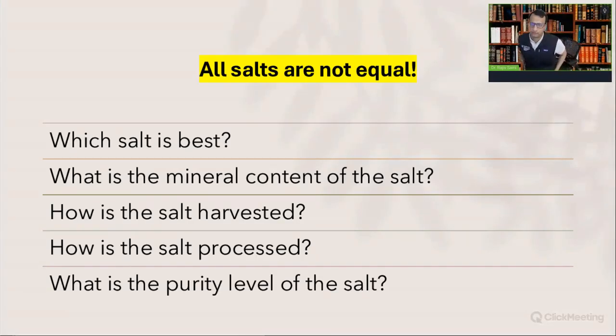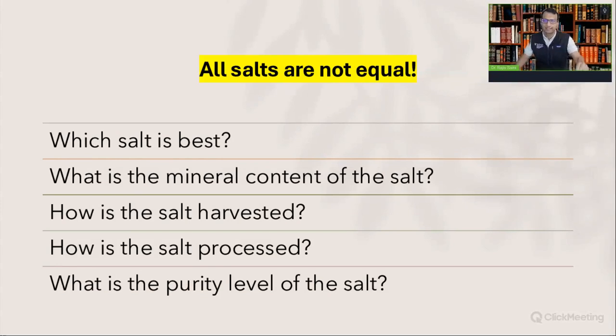But it is very important to note that all salts are not equal. We have to very precisely understand which salt is the best, what is the mineral content of the salt, how the salt is harvested, how the salt is processed, and what is the purity level of the sea salt.